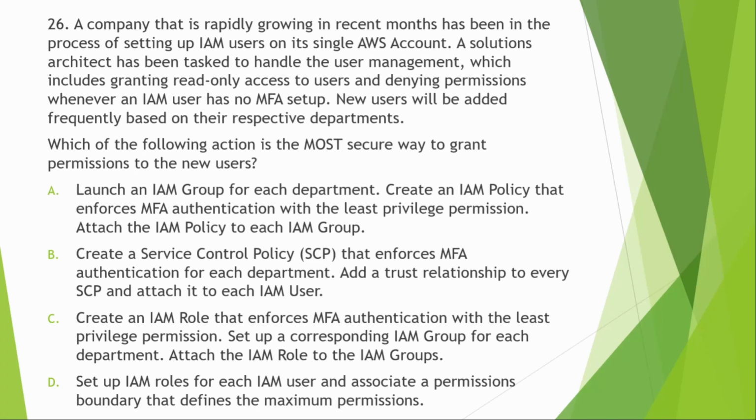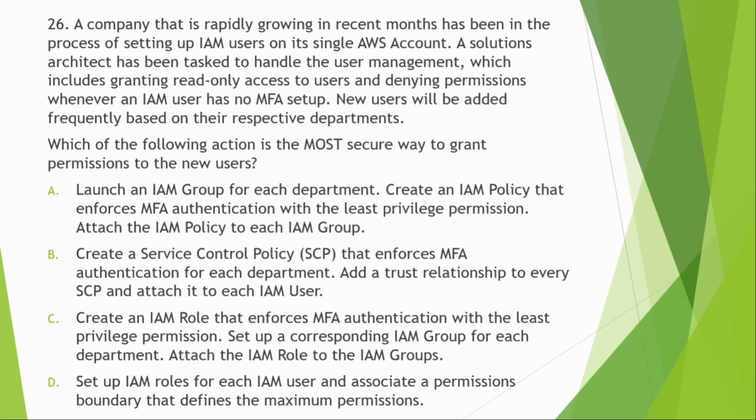Okay, next: attach IAM role to the IAM groups. This option says to create an IAM role that enforces MFA authentication with the least privilege, set up a corresponding IAM group for each department, and attach the IAM role to the groups. Why is this incorrect?